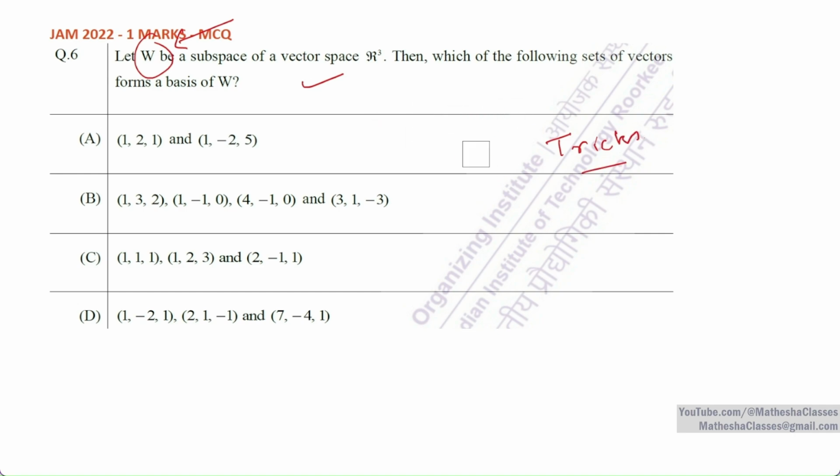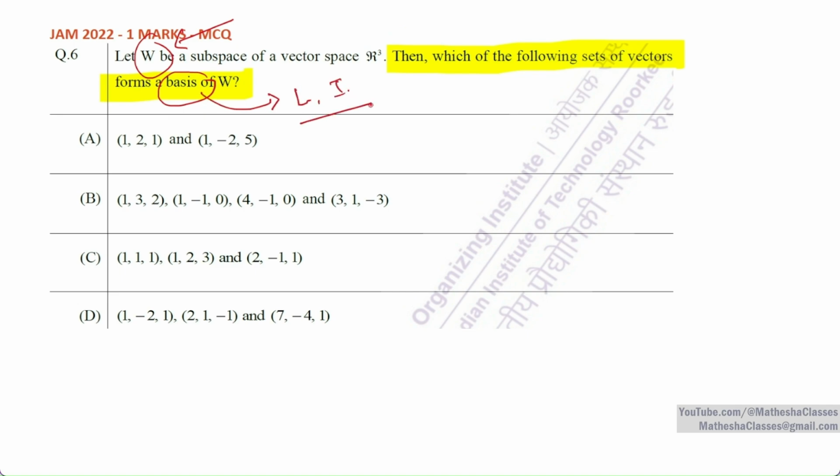Now first of all, note carefully, here you have been asked which of the following sets of vectors forms a basis of W. Now what do they mean by a basis? A basis is a spanning set which is linearly independent. So let us check which of the following four sets of vectors can be linearly independent here.